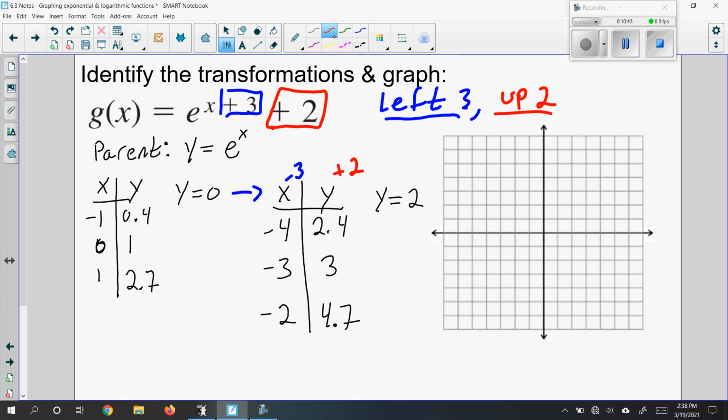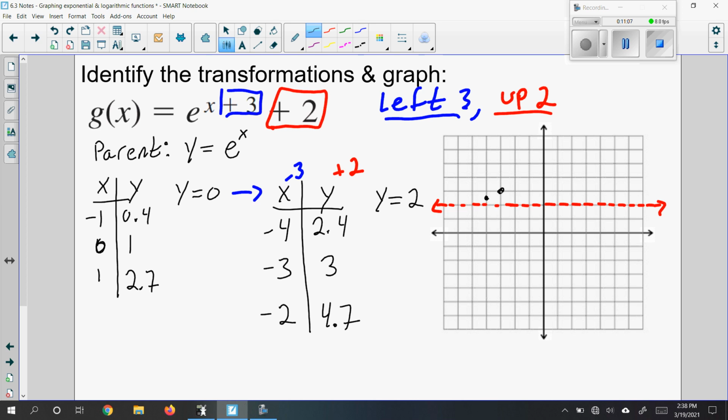So we'll start by drawing in our horizontal asymptote. Our horizontal asymptote is y equals 2. And then we'll plot our points. Negative 4, 2.4 is about there. Negative 3, 3 is about there.